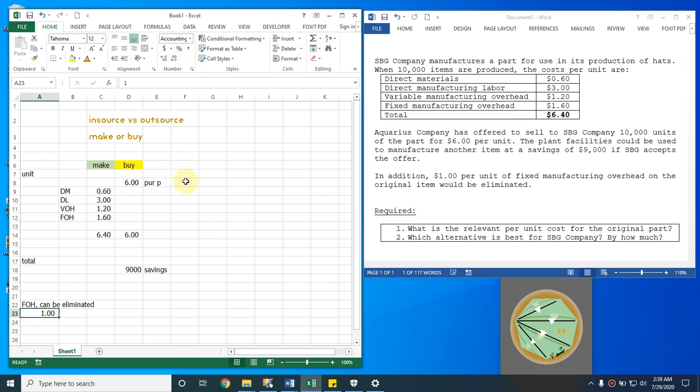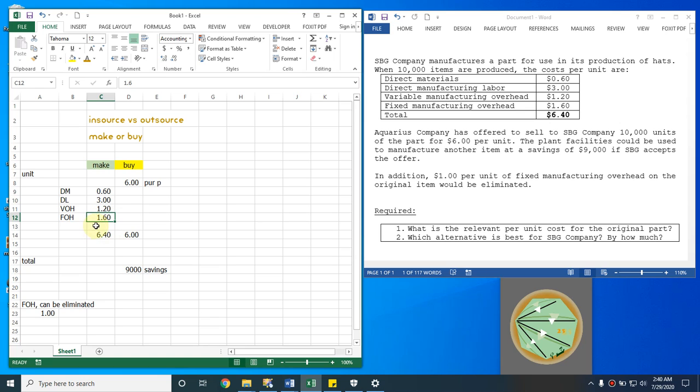So again, this is the complete view of the case that we have for make or buy analysis. Going back, purchase per unit of 6, the regular cost of the make option giving us a total of 6.4, and if the company would buy, there would be savings of 9,000. And finally, this $1 can be taken as a reduction from the fixed overhead that the company will incur regularly if the company takes the buy option.